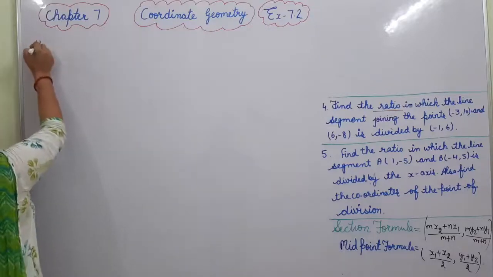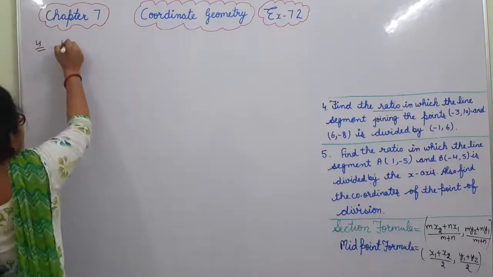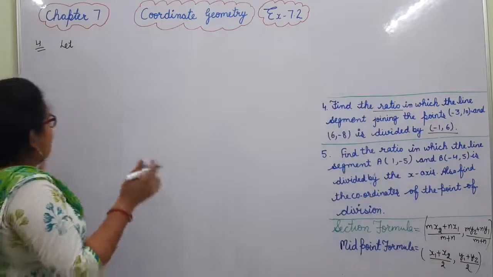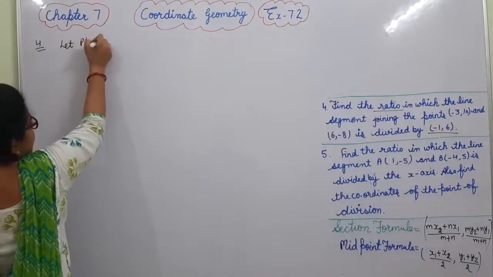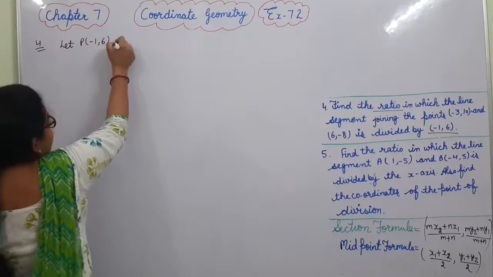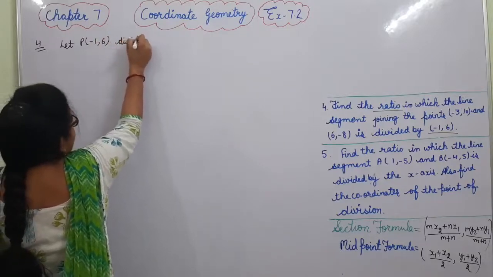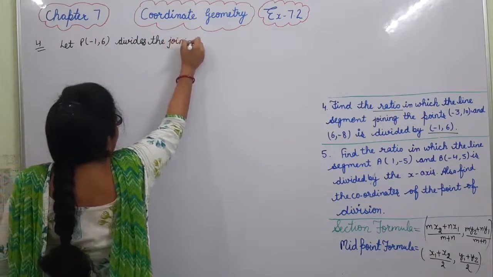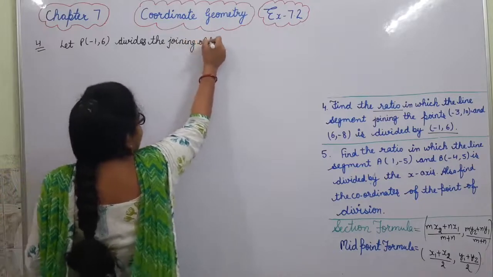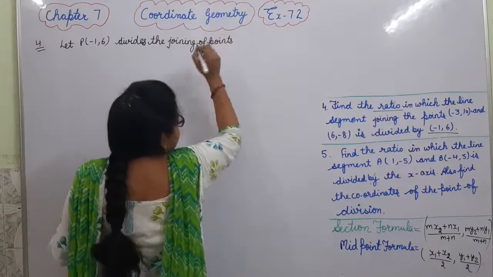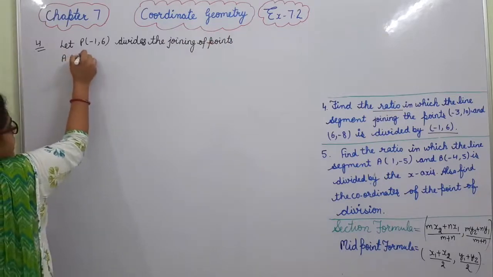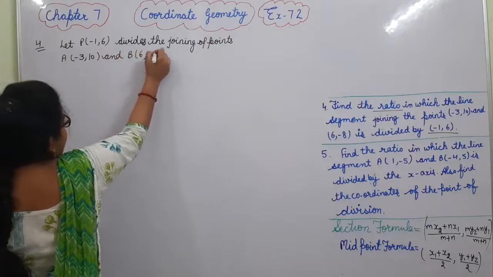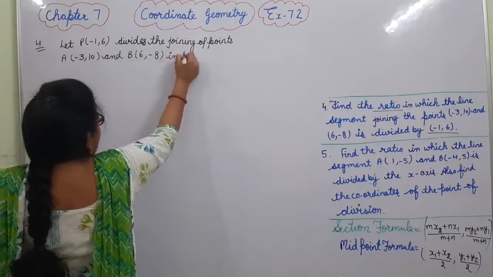Yes, see how we will solve this question. Question number 4. Let this be point P. You can take any other. Let P (-1, 6) divide the line segment joining the points A (-3, 10) and B (6, -8) in the ratio k:1.